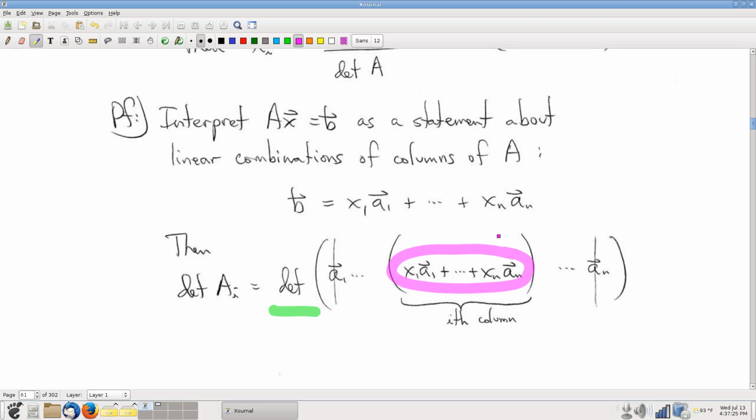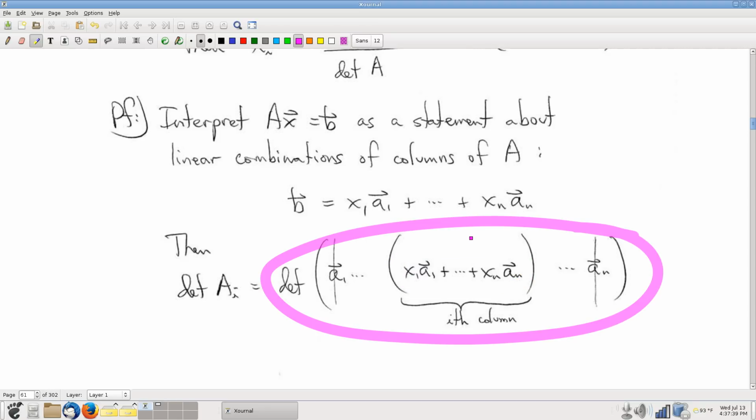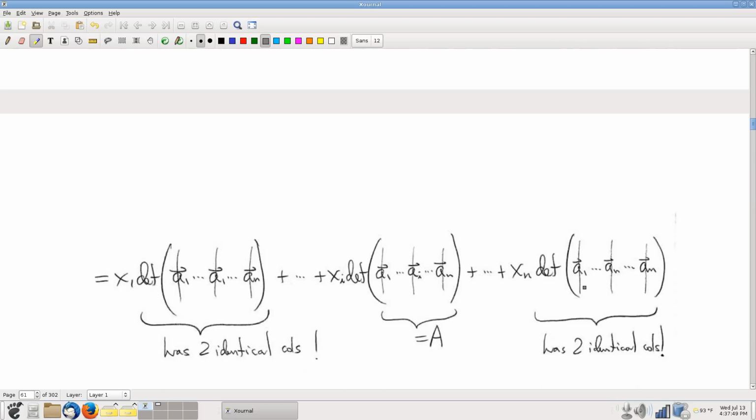Multilinearity addresses exactly this question of when you're looking at a determinant of a matrix where one of the columns, or rows, but in this case columns, is a linear combination. So what I'm going to do then is exactly that. I'm going to take this determinant and I'm going to apply multilinearity in the ith column. Now remember, with multilinearity, all of the other columns don't change at all. Right? So all that stuff doesn't change.